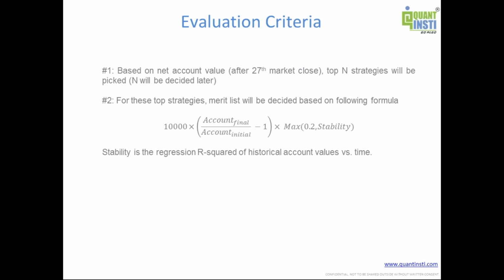If your stability is high, that means you have been correct most of the time. So probably it is not luck. Your strategy has alpha in it. So this is the evaluation criteria. Now, in case you have any questions, let's pick them up.